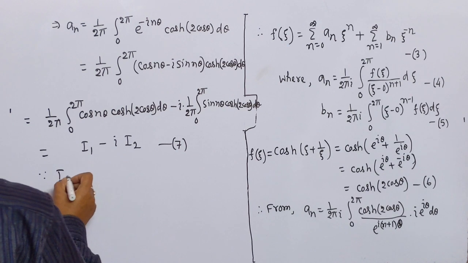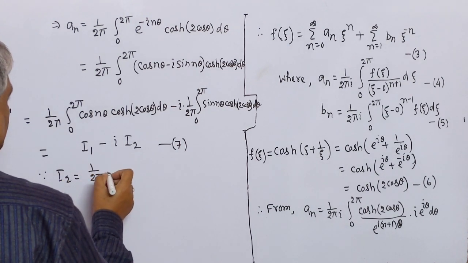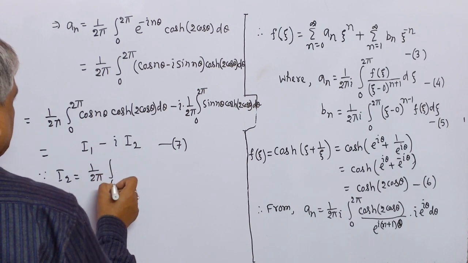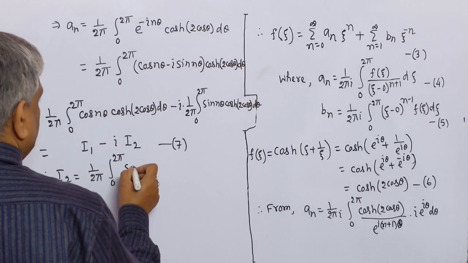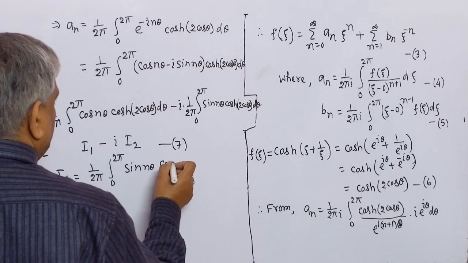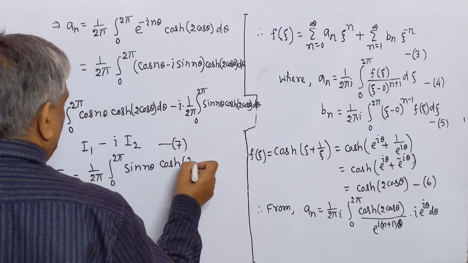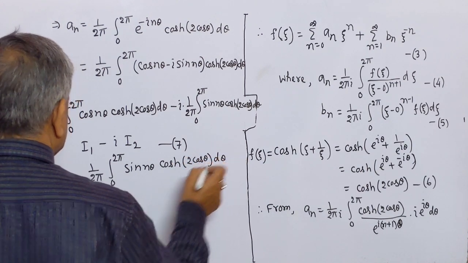Since I2 equal to 1 by 2π integration 0 to 2π limit sin nθ cosh(2 cos θ) dθ.